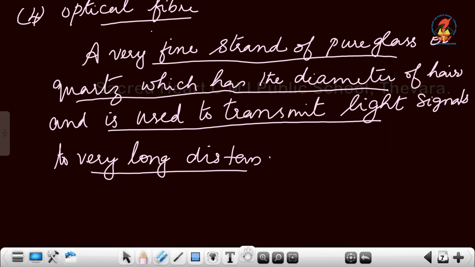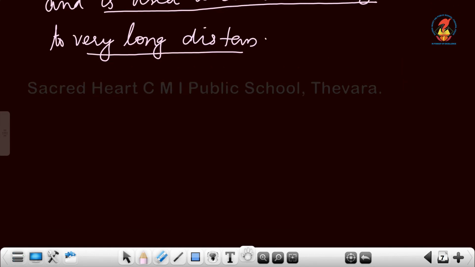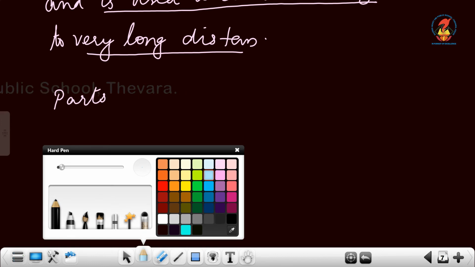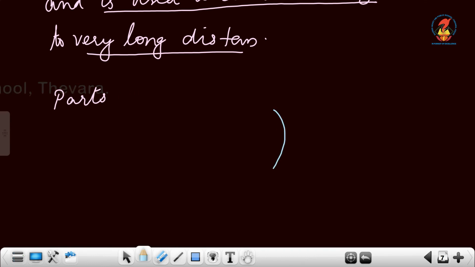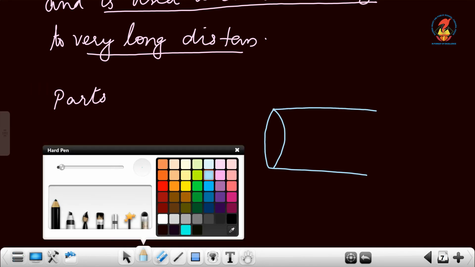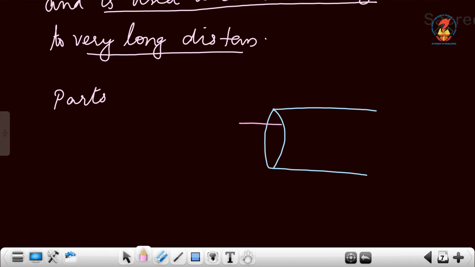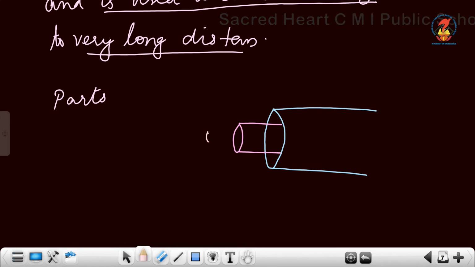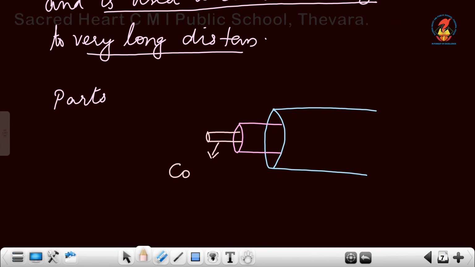Now let us see what are the parts of an optical fiber. Optical fiber basically consists of three parts. There are three layers. The innermost layer of optical fiber is called the core.